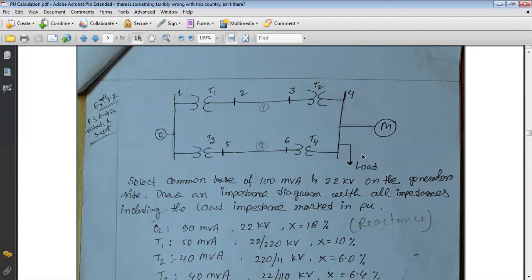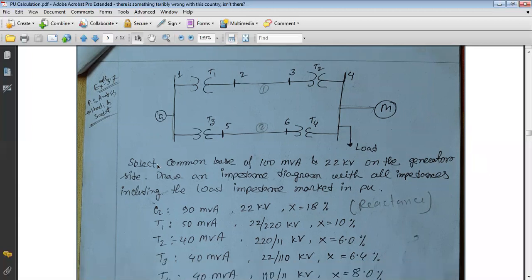So this is a one-line or single line diagram of a particular power system. In this power system, there are 2 double circuit parallel transmission lines, 4 transformers, 1 synchronous generator, and 2 loads.